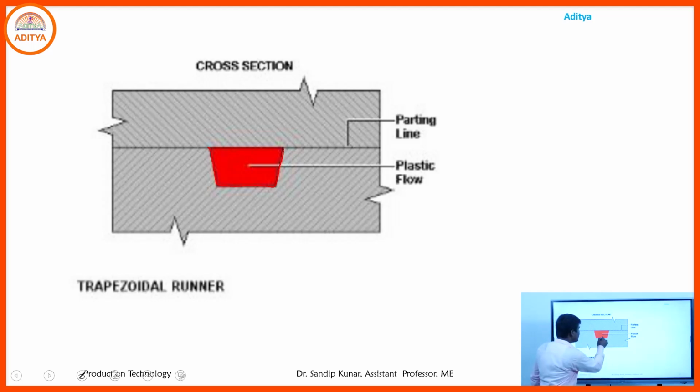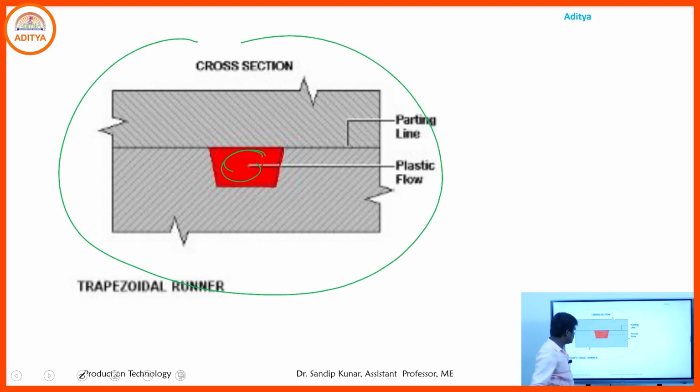That is the plastic flow, meaning the liquid metal will flow through that particular passage. That is the liquid metal which flows through the trapezoidal shape passage. And that is the parting line, which is considered as the molding box.